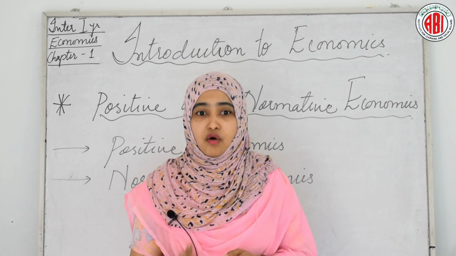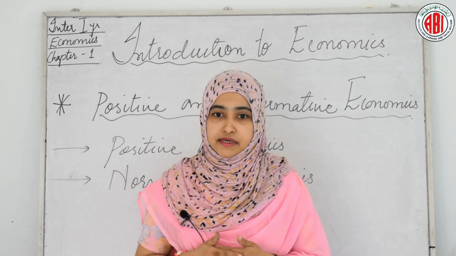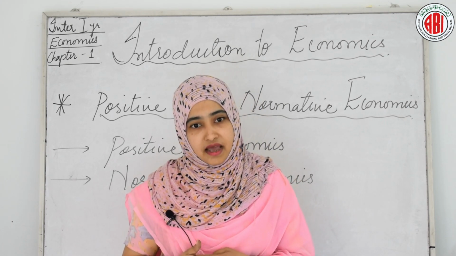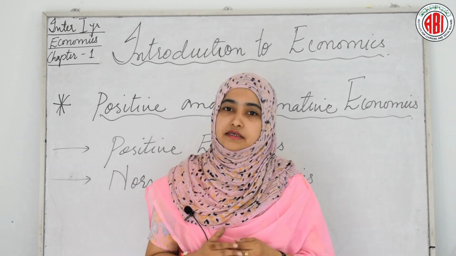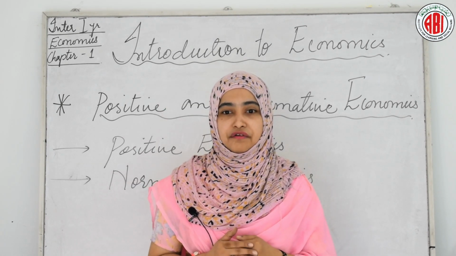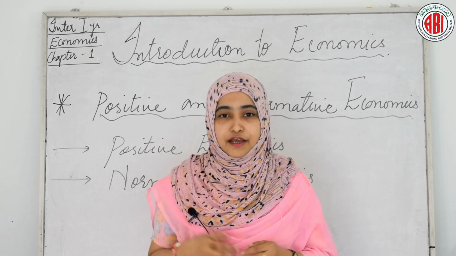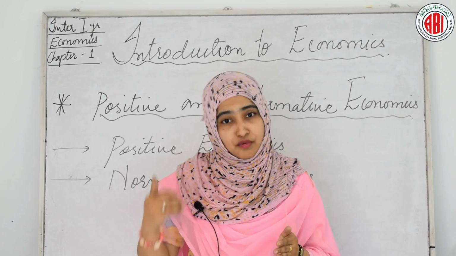It is not an objective science like other natural sciences; economics is concerned with human welfare and involves ethical considerations also. So it is not enough for economics to explain and analyze economic problems; it has to offer solutions for these problems.